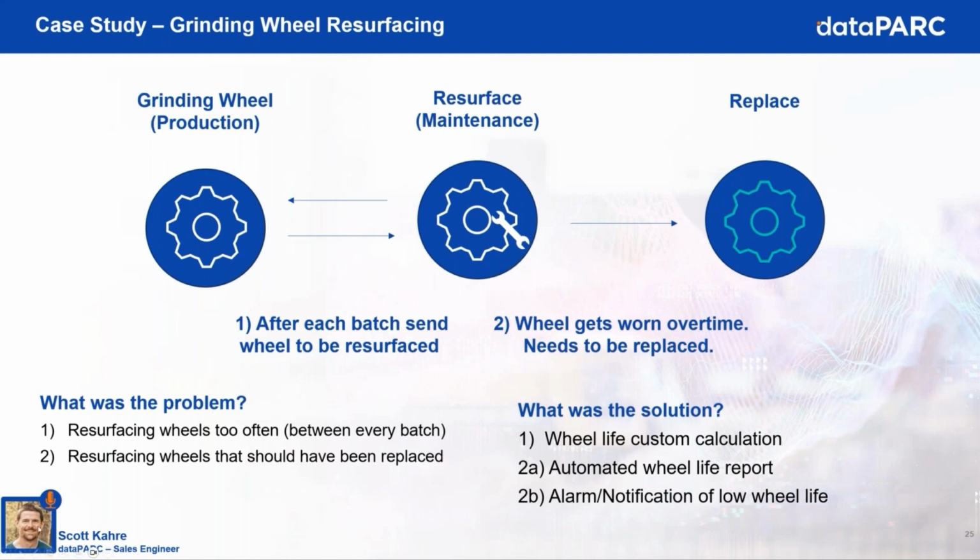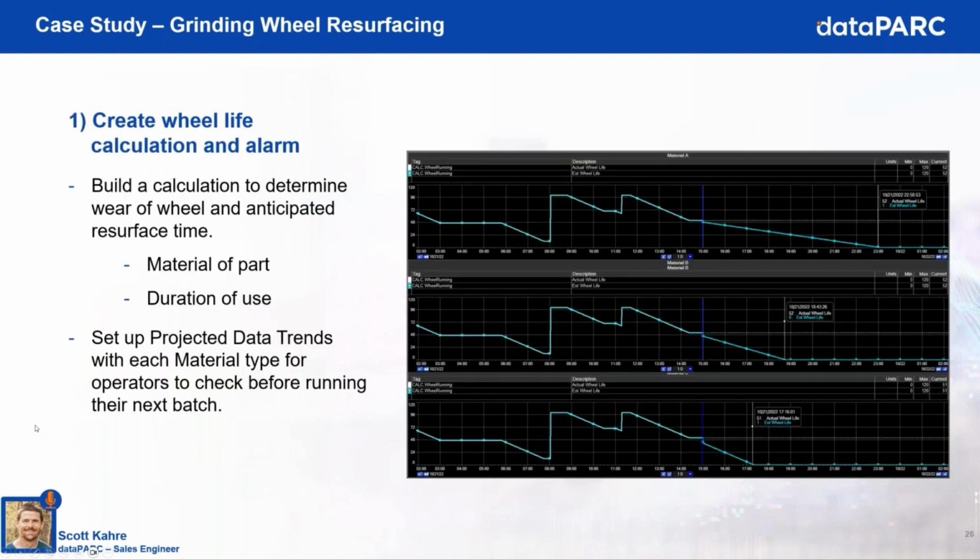So here's a little bit more detail on that wheel life calculation. Essentially, you can see in the trend examples here, when the wheel is in operation, you'll see the wheel life dropping, and the slope of that descent might be a little different depending on what material it's processing. The flat sections of the trend here are periods when that grinding wheel is not in operation.